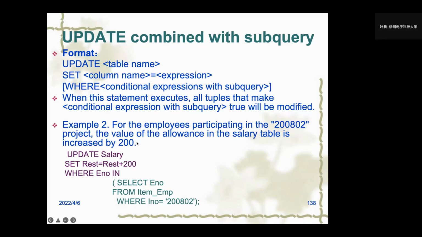For this kind of query, we can write update salary set allowance equal to allowance plus 200. The condition is that we just want to update the allowance of the employees participating in the 2008-02 project.